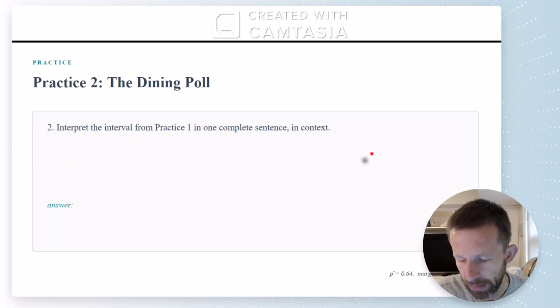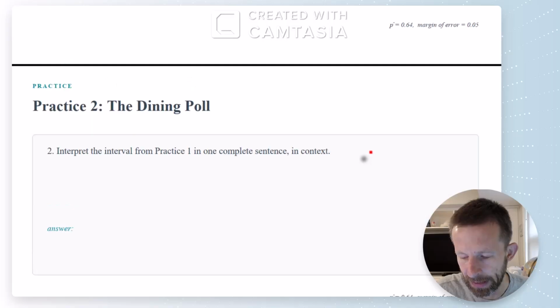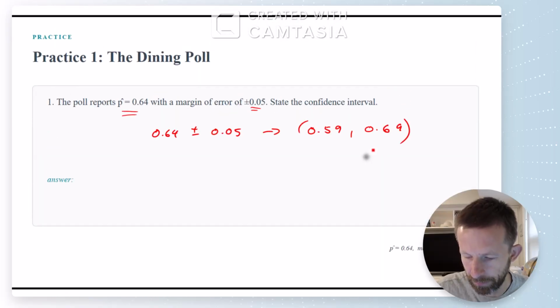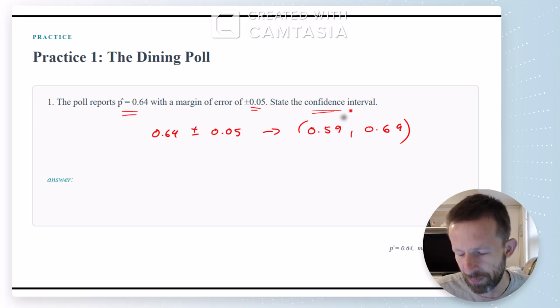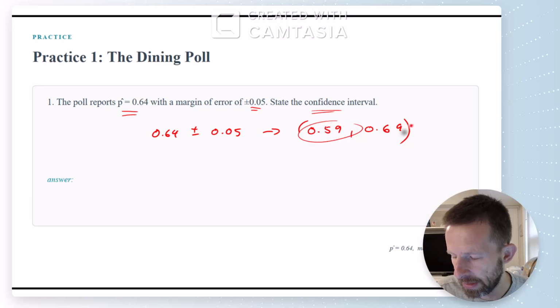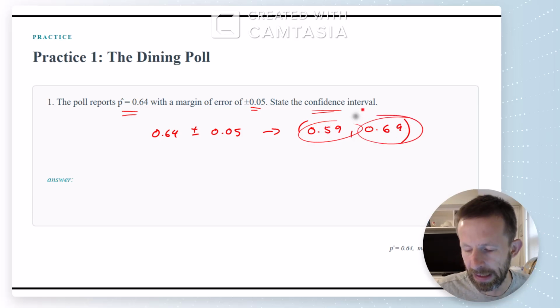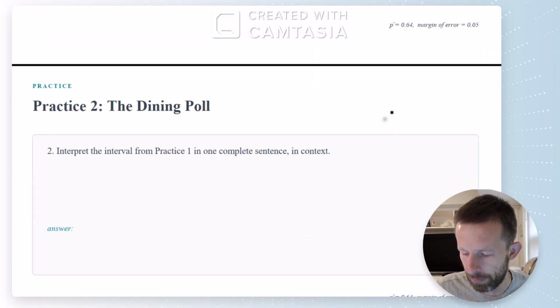Interpret the interval in one complete sentence in the context. So we're 95% confident. Let me see. It doesn't tell us, I think we're using 95% confidence level. So we would say we're 95% confident that the interval between 59 and 69 contains my parameter.